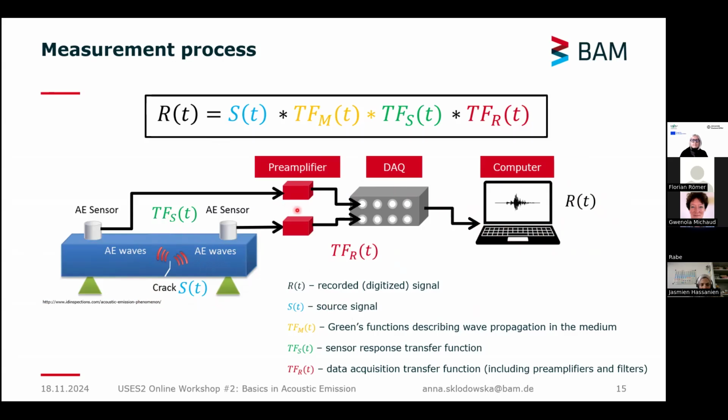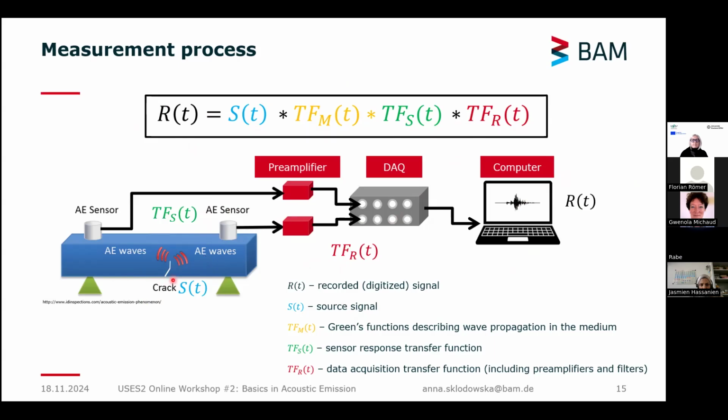There are a bunch of steps on the way which modify the signal, and I assume you're all familiar with the concept of convolution, because each one of those steps contributes to the final record, and the final recorded digital signal is a convolution of all of those steps.